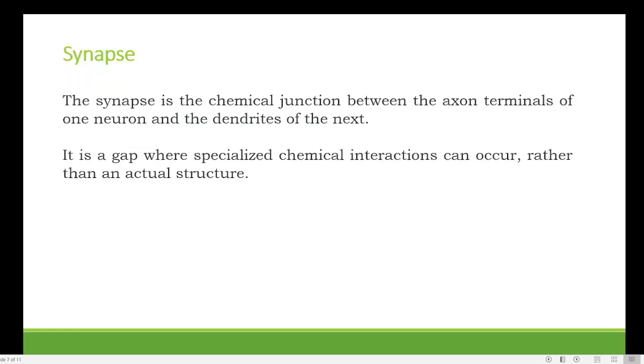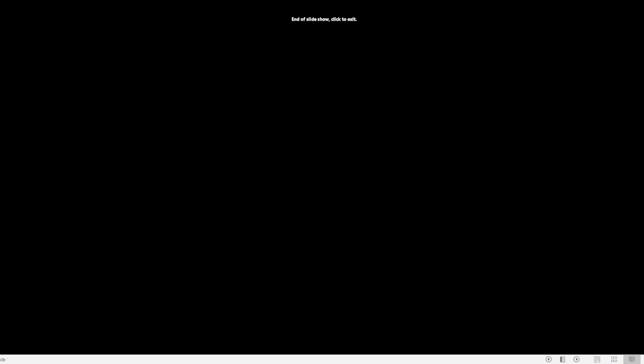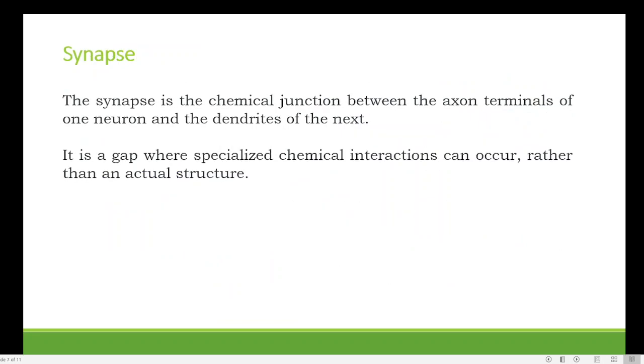Then we have the synapse. Synapse, you might have some idea. It is the connection between two neurons. So synapse is actually a chemical junction between the axon terminal of one neuron and the dendrites of the next neuron.